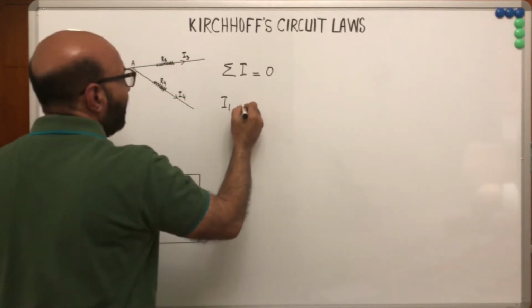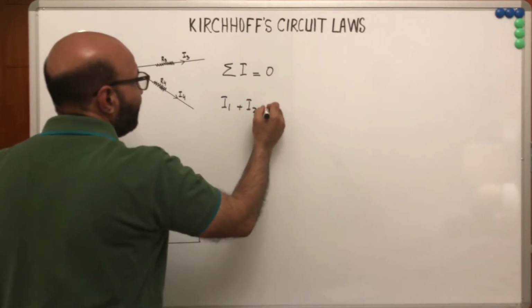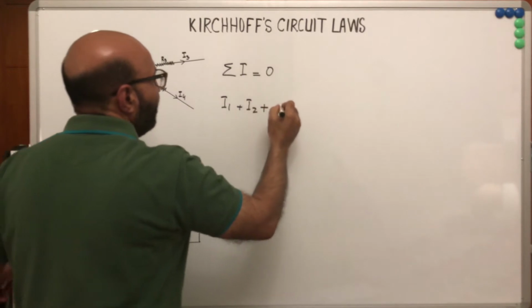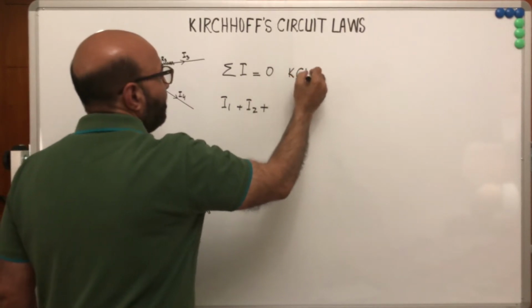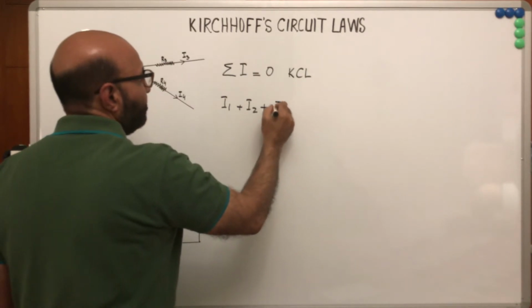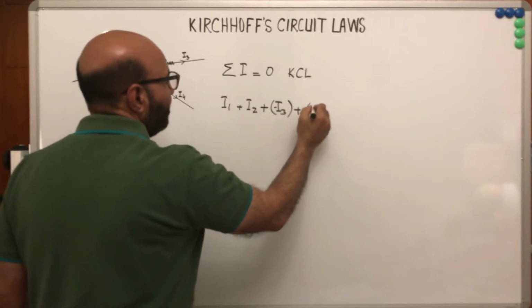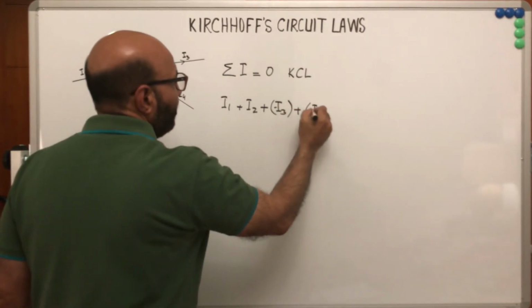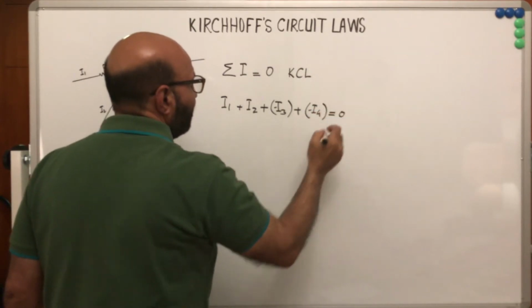So I1 is taken as positive, I2 is taken as positive, and according to Kirchhoff's current law, I3, which is considered negative here, and likewise I4, also considered negative here, must sum to 0.